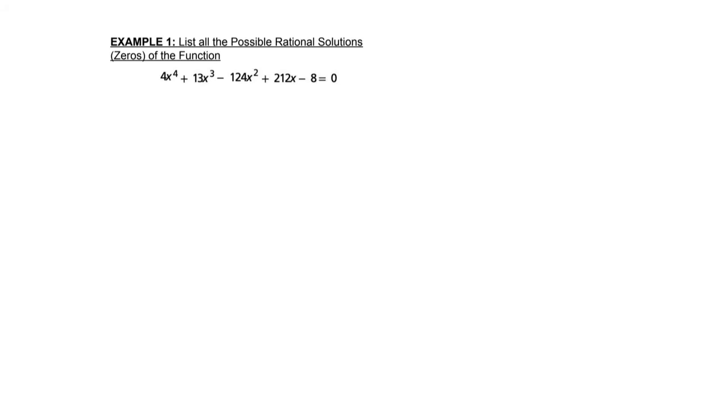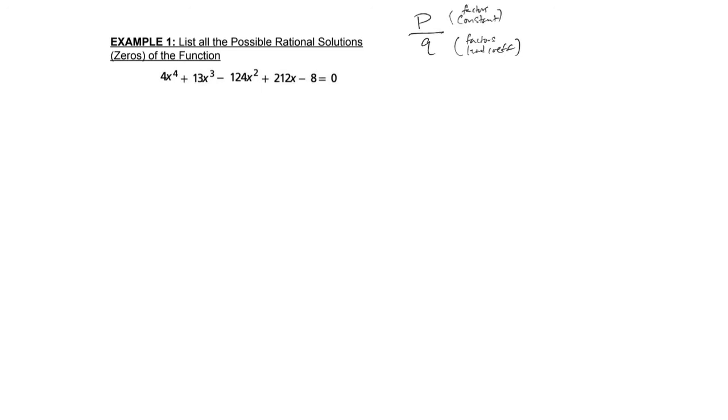Now, in these examples, we're just going to list all the possible rational solutions, so rational zeros of the function. Again, it's p over q, where p is our constant, so they're the factors of the constant over the factors of the leading coefficient.